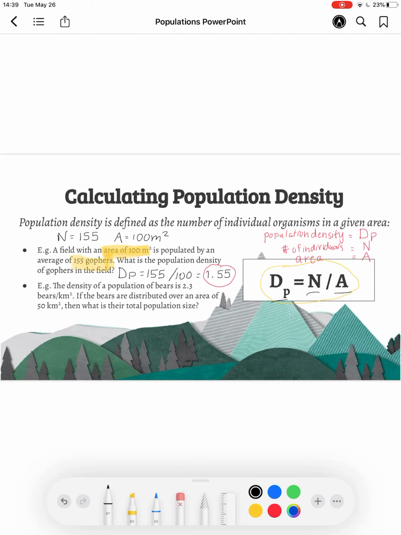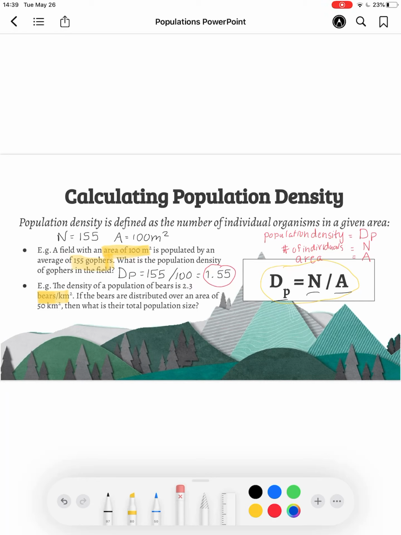This one, as we're reading through, how I always do all my math problems, is we will highlight the pieces of information that go into our formula. So it says the density of a population of bears is 2.3 bears per kilometer squared. So I'm going to highlight that.